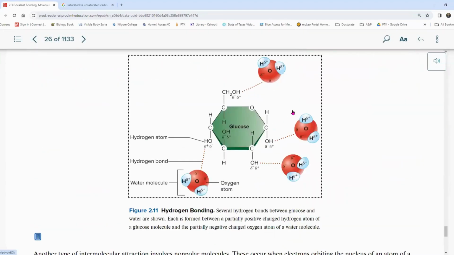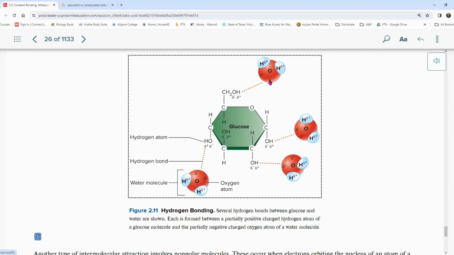A better look at that is looking at this sugar molecule in water. Water is very polar. Polar means you have a positive end and a negative end. Those hydrogens are positive, notated right here with this delta sign with this plus. Oxygen is very negative. It's electronegative, so it has these delta negative signs.